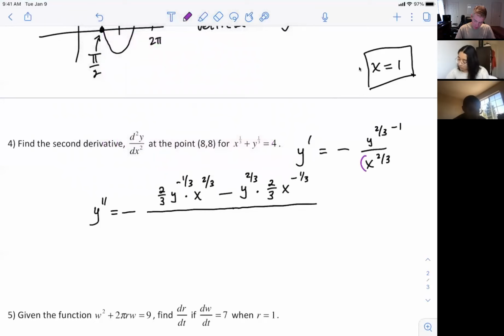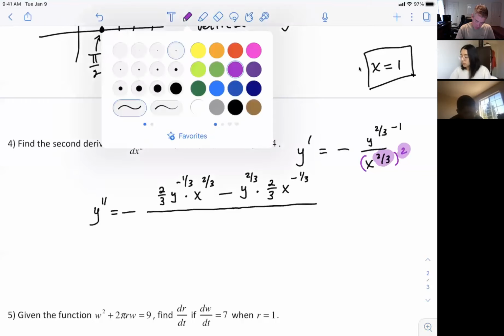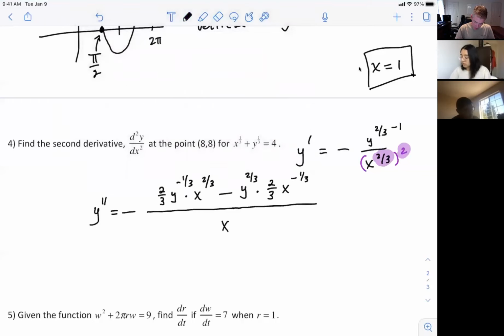And then the last part of the quotient rule says the bottom needs to be squared. And then when you raise a power to another power, you multiply them. So that's going to be x to the 4/3.